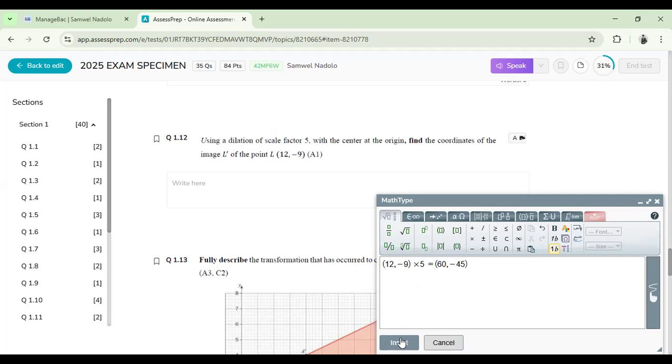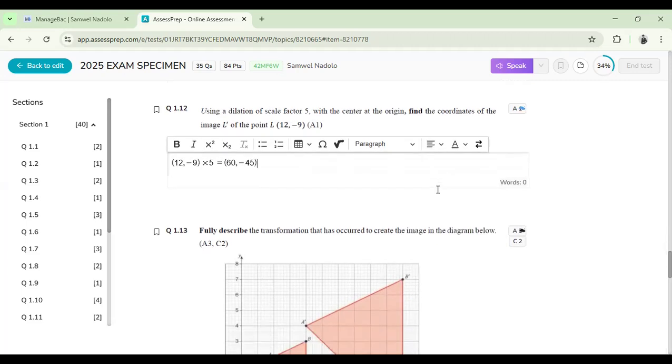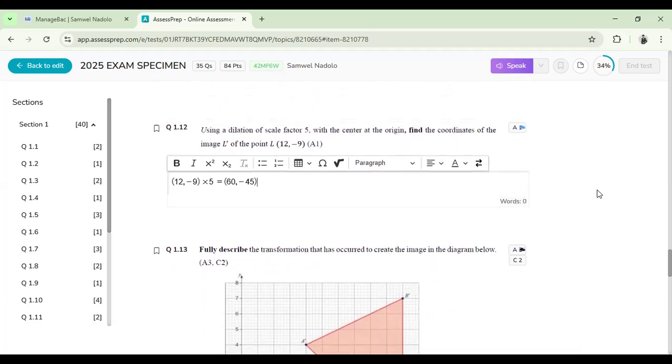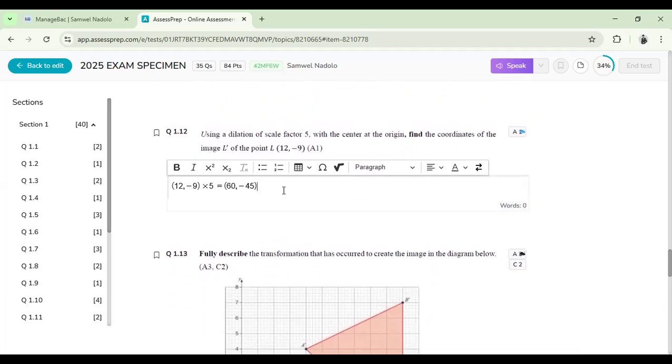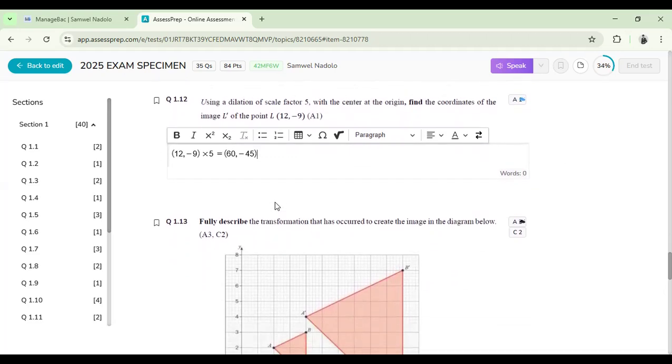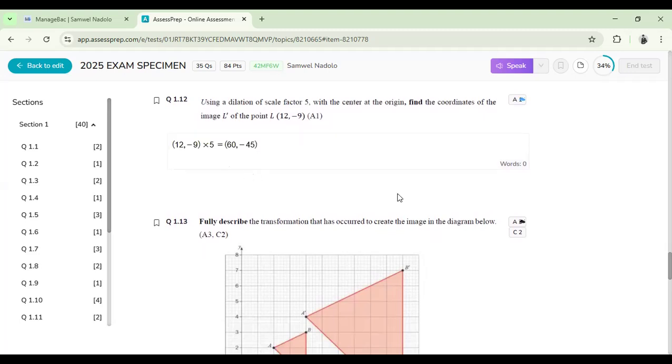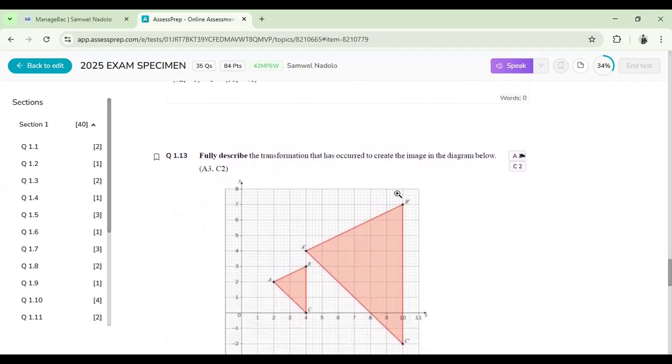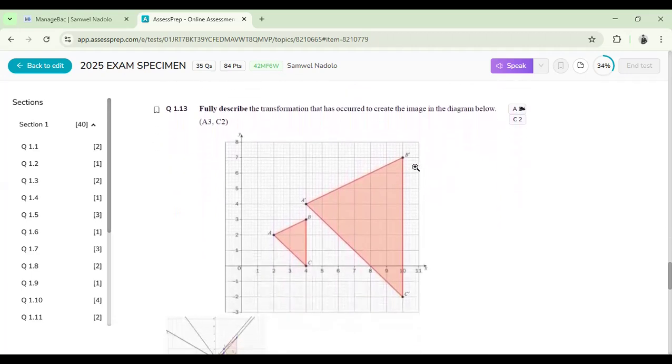So just multiply the given point by the scale factor, and you'll get your answer. And kindly note, we are multiplying directly because the center is at the origin. Origin is (0, 0). There's a whole formula for this, but if the center is (0, 0), you just have to multiply by the scale factor of dilation.